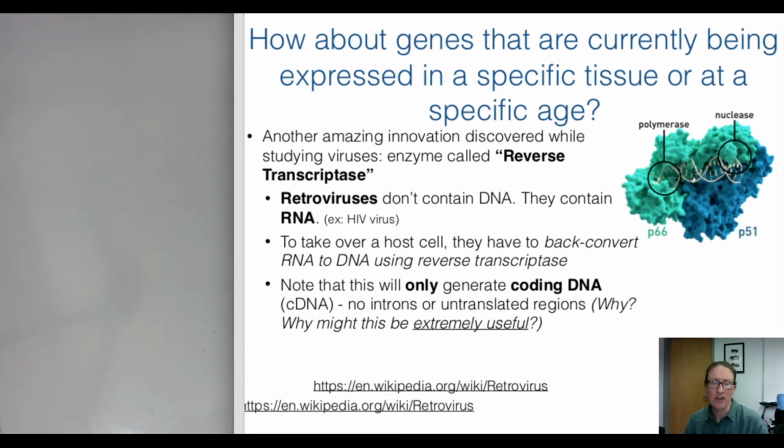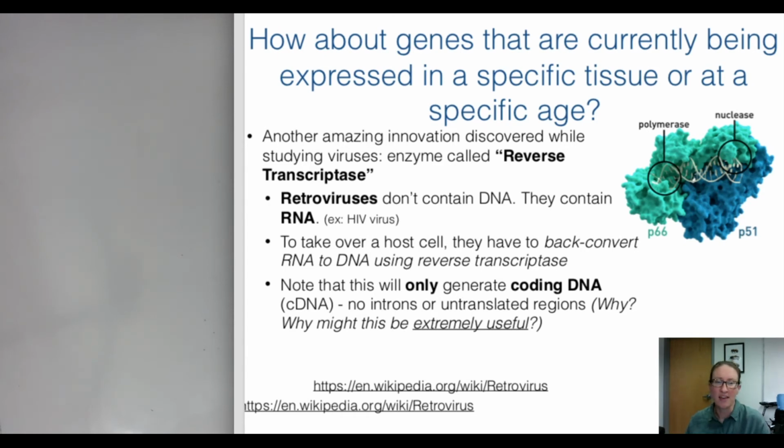And this was discovered in a class of virus called a retrovirus. So there are actually a tremendous number of types of viruses that don't actually contain DNA. Instead, the viruses contain RNA. A classic example of a retrovirus is something like the HIV virus. So when retroviruses take over a host cell, one of the first things they have to do is back convert their RNA to DNA.